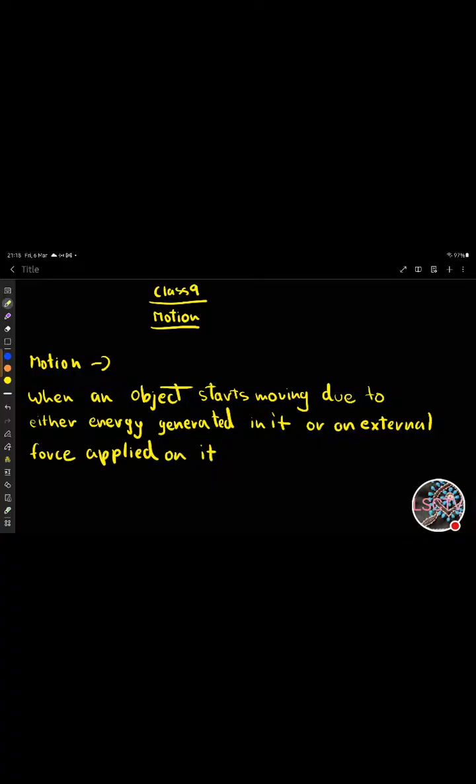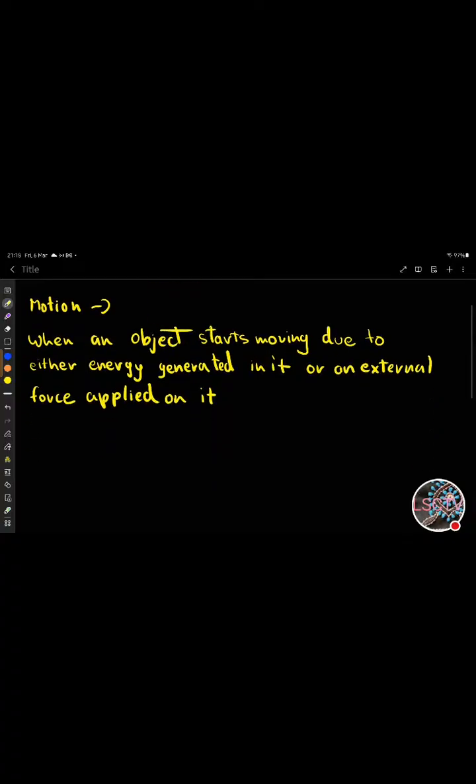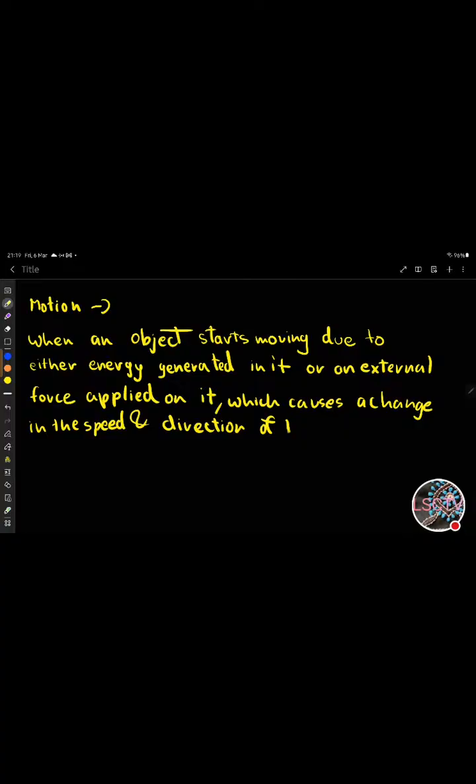The force applied on it. You know what is a force? Basically a push or a pull applied on the object, which causes a change in the speed and direction of the object.